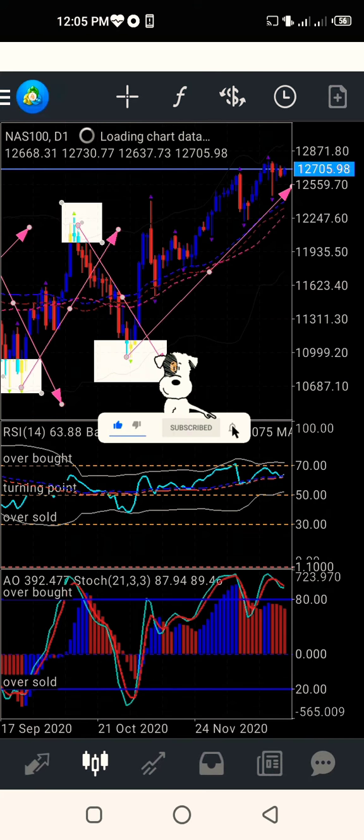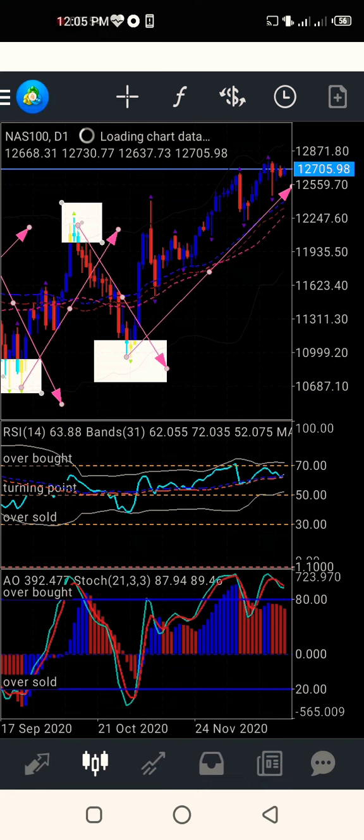Yeah guys, as we can see, the time frames I'm going to choose are between the daily time frame, 4 hours and 1 hour. So our daily time frame will be our prime time frame, our 4 hours time frame will be our sub prime time frame, and then the 1 hour will be the sub-sub prime time frame.